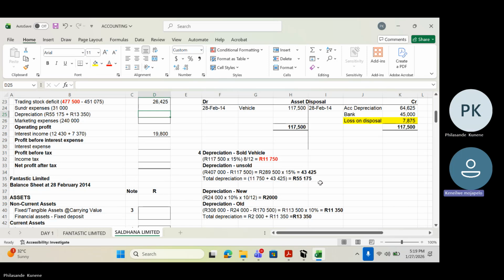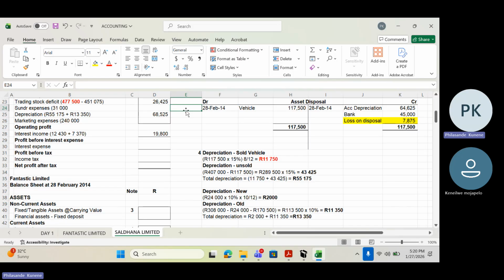I had to calculate from 11,750. No problem. Then how much are we getting? 68,525. Very good. 68,525. That is our depreciation. Well done.